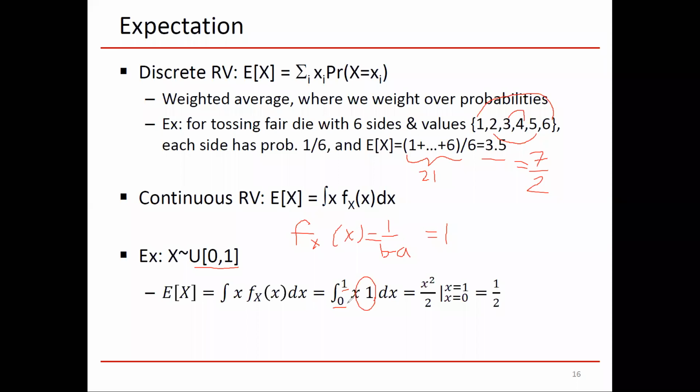So we're integrating over x dx from 0 to 1, and the integral of x dx is x squared divided by 2. Evaluating that at 1, x squared divided by 2 is half. Evaluating that at 0, it is 0. Half minus 0 is equal to half. This confirms our intuition that we're uniform between 0 and 1, and the midpoint is at half.